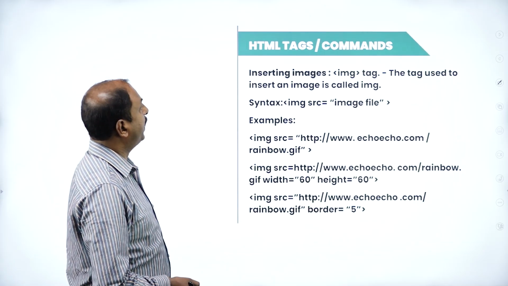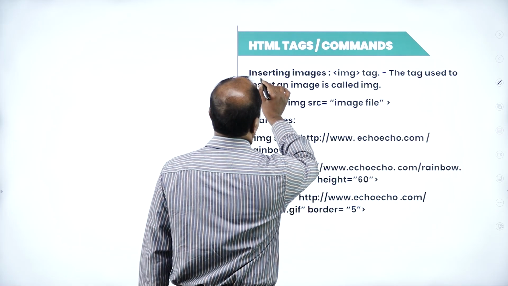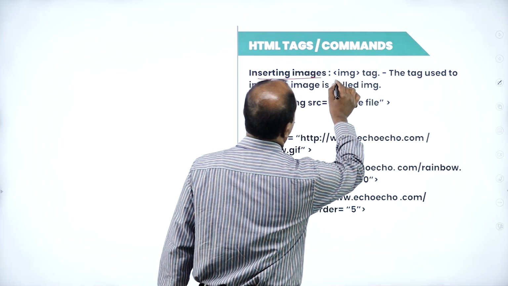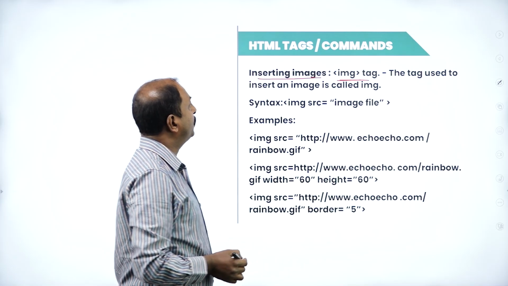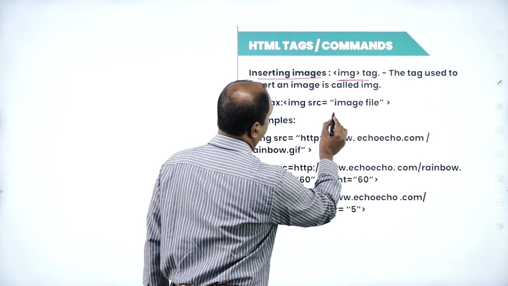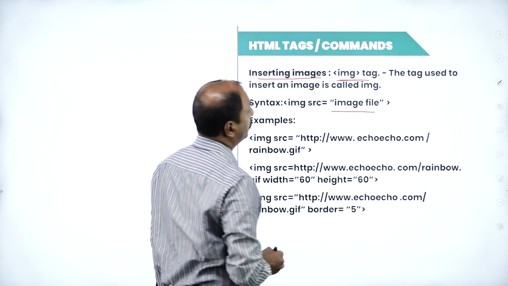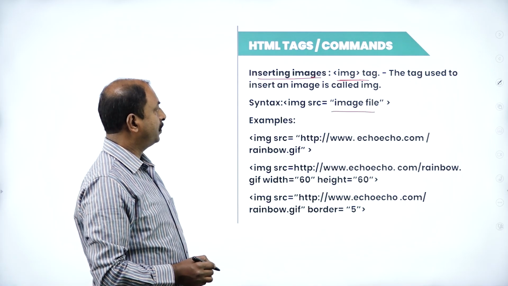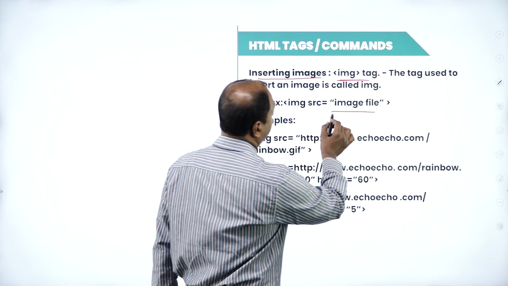Next one is called inserting image, that is the img tag. The img tag is used to insert an image. The syntax is img src equals to image file, close the angle bracket. So this is the image source.